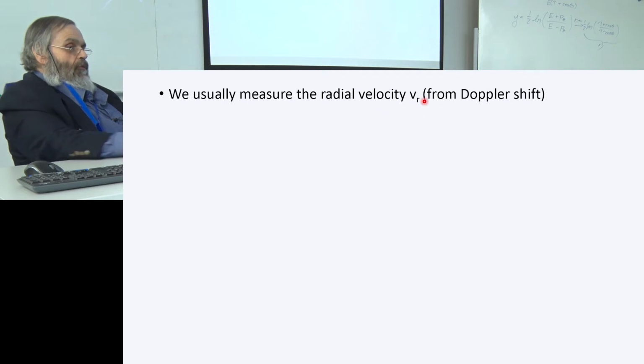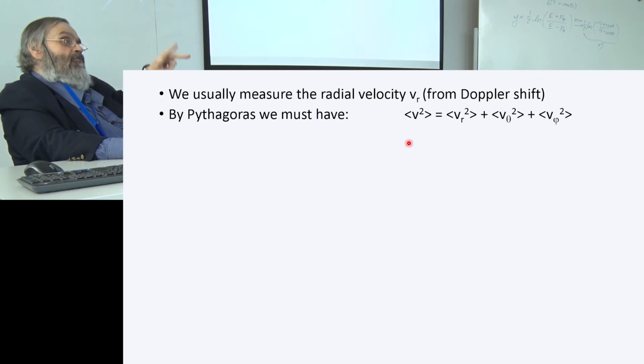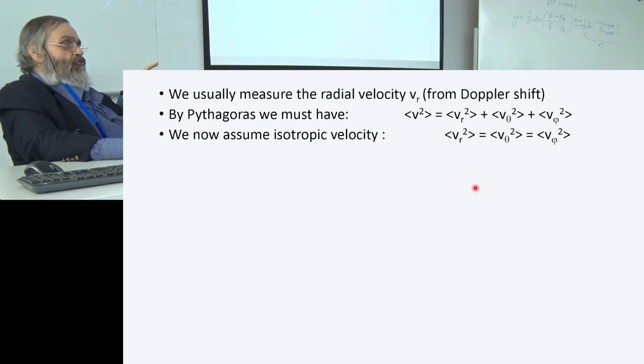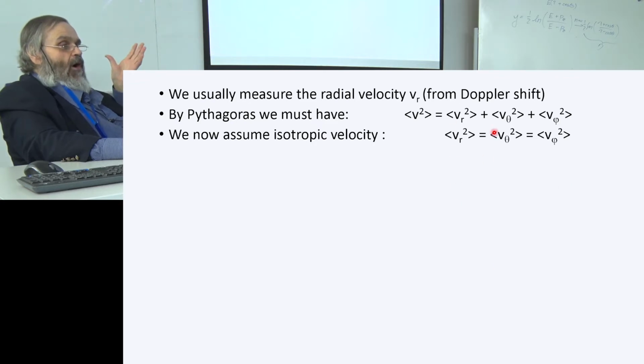We usually measure the radial velocity from the Doppler shift, and by Pythagoras the actual velocity squared will be v_r squared plus the theta component squared plus the phi component squared. If we assume that the velocities are isotropic, so we've got just as much chance of being oriented in one direction as another, then these on average will be the same.